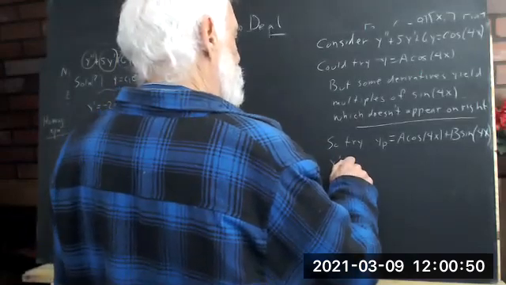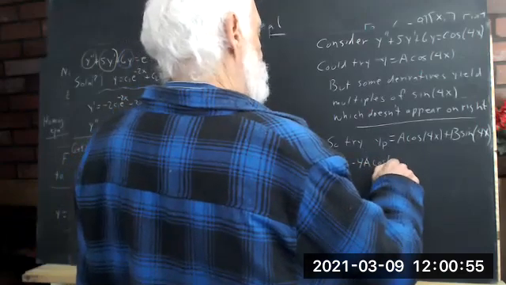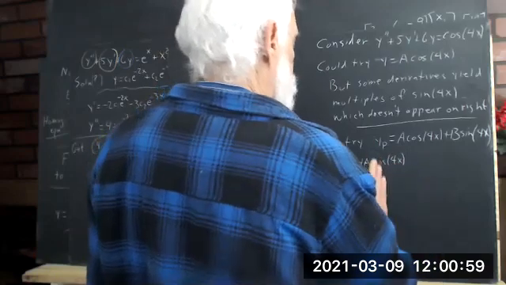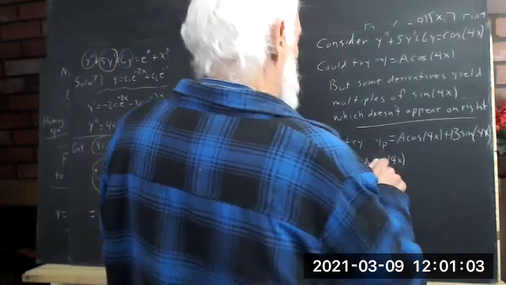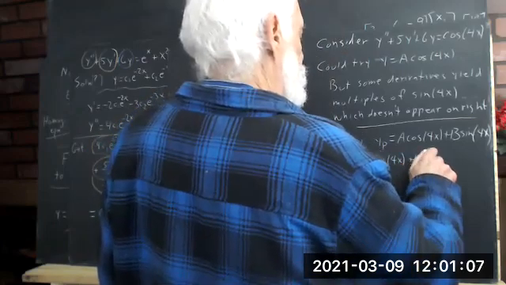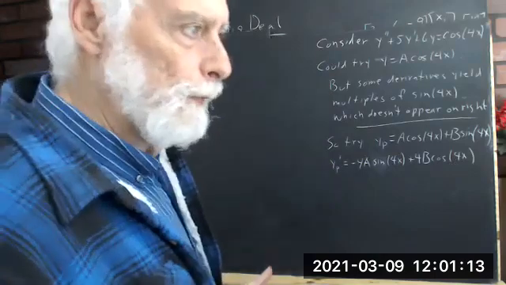YP prime is then negative 4a cosine of 4x, sine of 4x, plus 4b times the cosine of 4x.